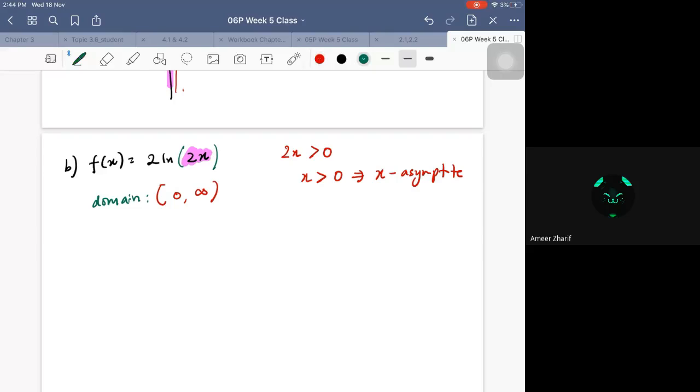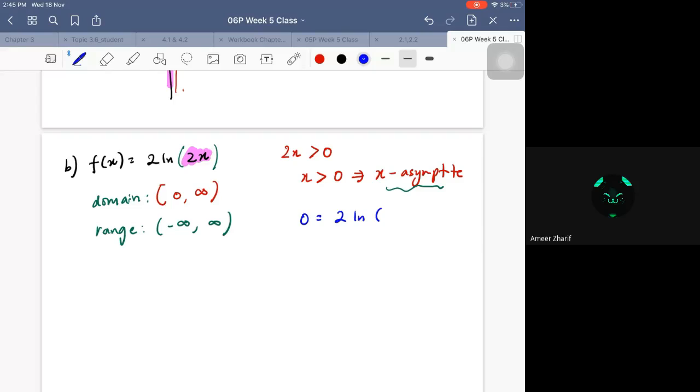And the range, as we have seen before, is always going to be from negative infinity until infinity. Okay, I already have the asymptote. Now I need the other characteristic, which is the x-intercept. So I'm going to set y equals 0. So 0 is equal to log of 2x.